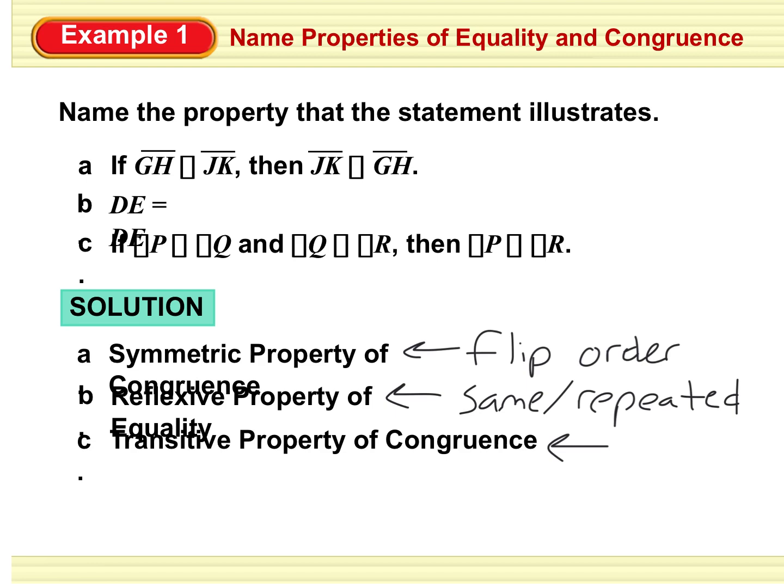All right, let's talk about C. If angle P is congruent to angle Q, and angle Q is congruent to angle R, then angle P is congruent to angle R. We talked about this a little bit on Friday with our if-then statements in the law of syllogism. What do we notice about the if statement in there?